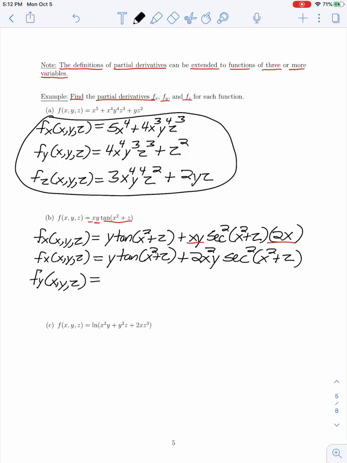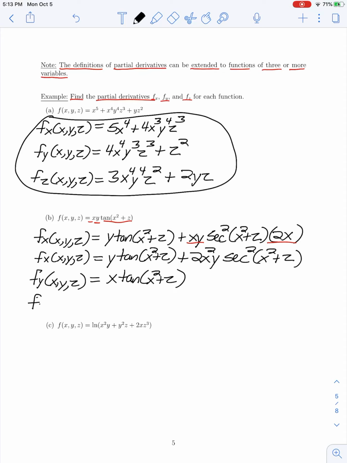So the derivative of a constant times y would just be equal to that constant. Just like the derivative of, say, 7y would be 7, or the derivative of negative 18y would be negative 18, the derivative of x times tangent of x squared plus z, which is being treated as a constant, times y would just give us that constant value.